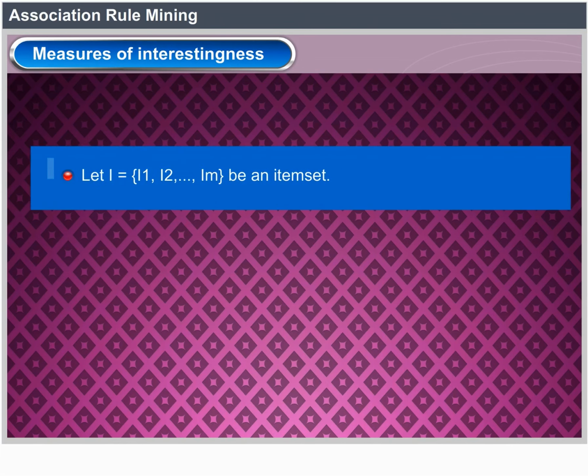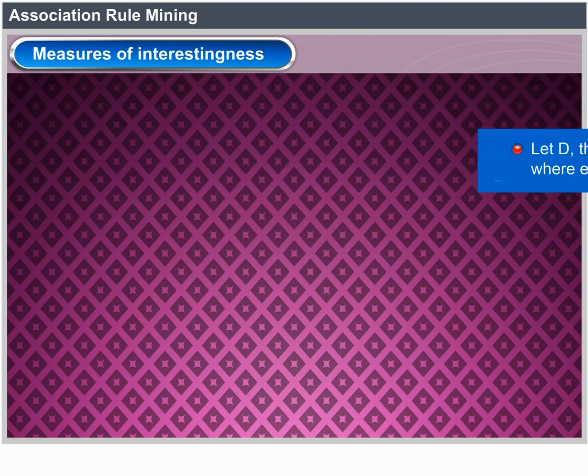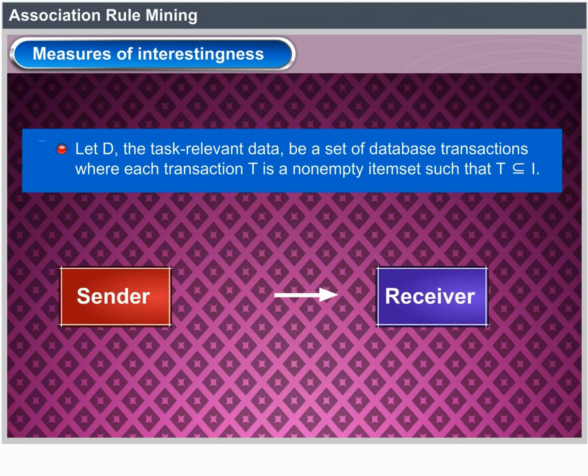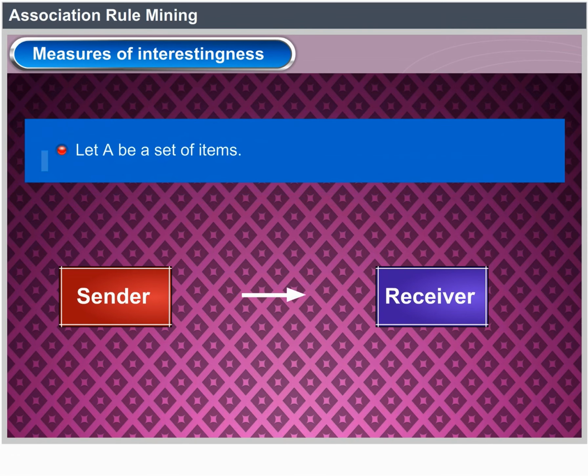Let item set I equal {I1, I2, up to Im}. Let D, the task relevant data, be a set of database transactions where each transaction T is a non-empty item set such that T is a subset of I. Each transaction is associated with an identifier called a TID. Let A be a set of items.